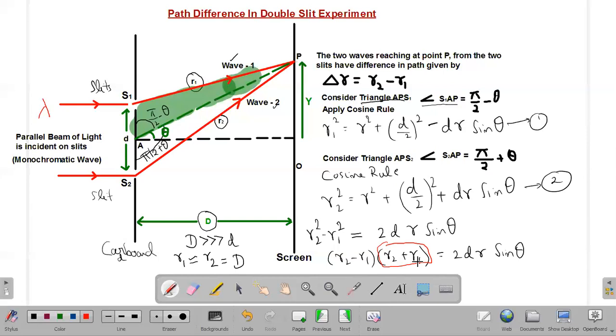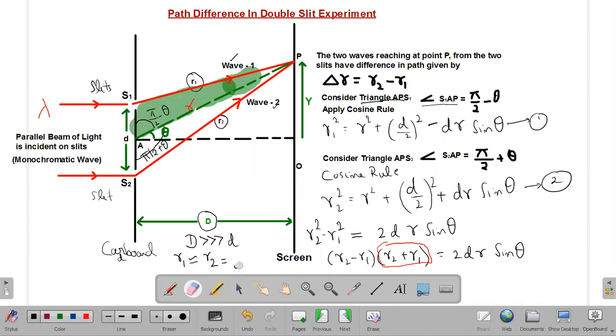Let me denote this distance by R. Sorry, I made a mistake here.